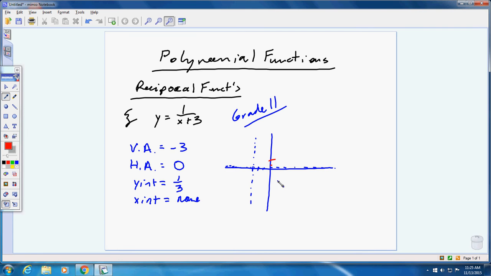We can see that our graph is going to follow up like so, and we know already from transformations that it's going to go like this. So that's an example of how we dealt with rational polynomial functions in grade 11, just the beginning of what you already know how to do.